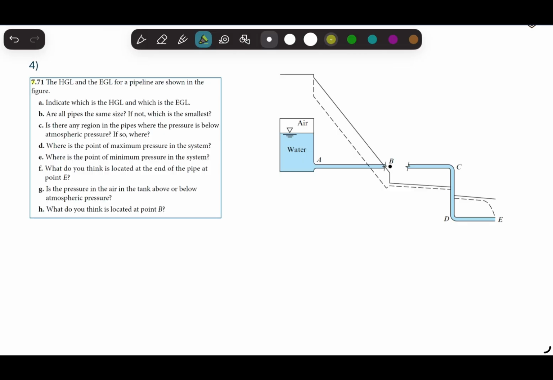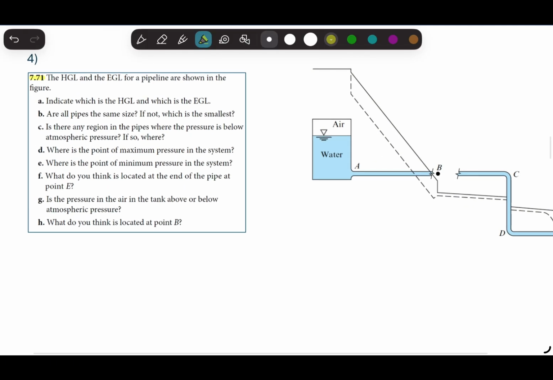Okay, this is question 7.71. We have hydraulic grade line and energy grade lines here, and we are asked to find which one is the hydraulic grade line and which one is the energy grade line. We need to find if these pipes are the same size or which one is the smallest.